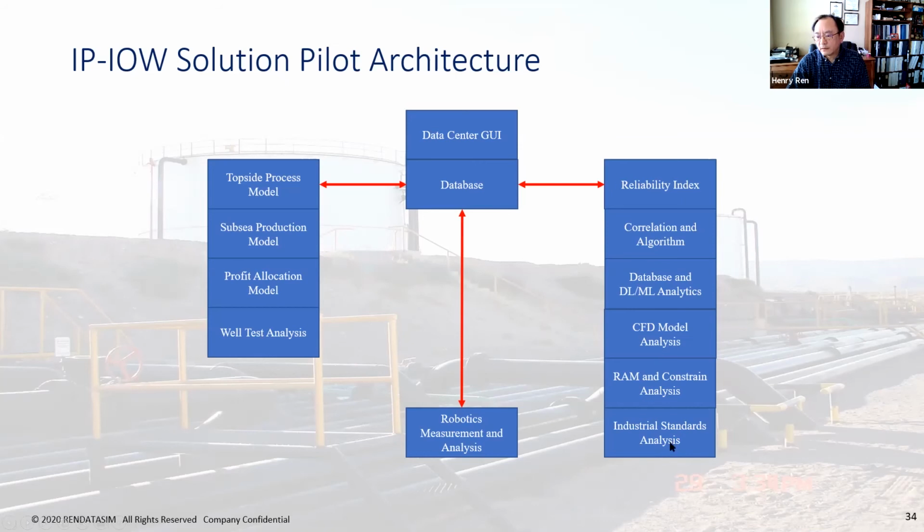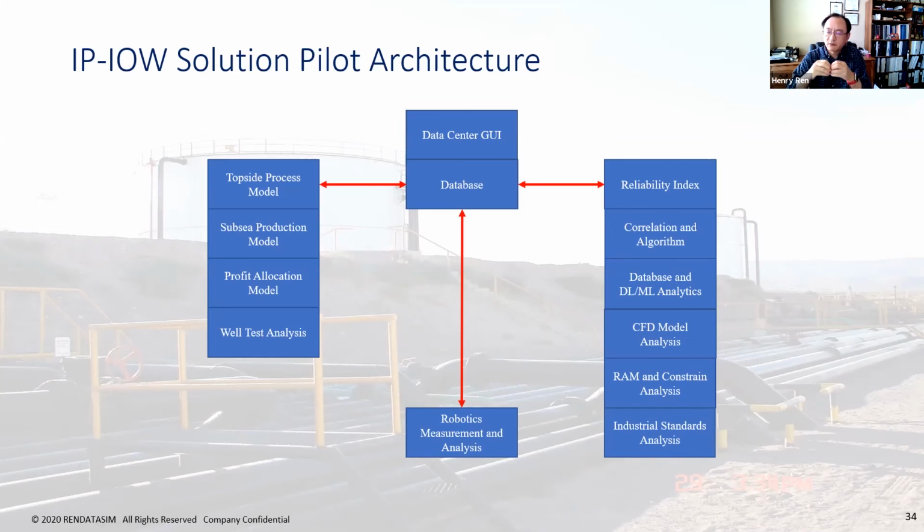And then we follow this process, coordinated with industrial standards, and do the RAM analysis, and do a lot of CFD calculations to try to cover all the operation range scenarios, and then create the correlation, utilizing machine learning analytics methods, and create the database.